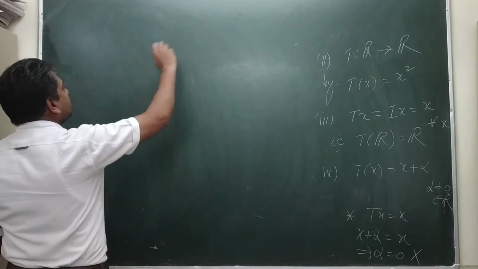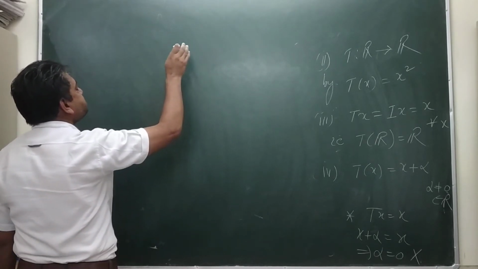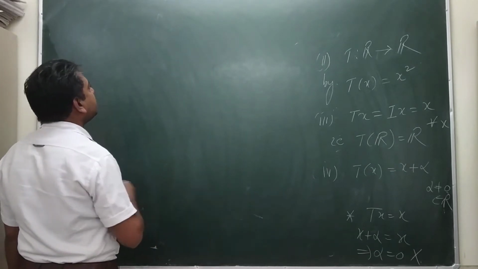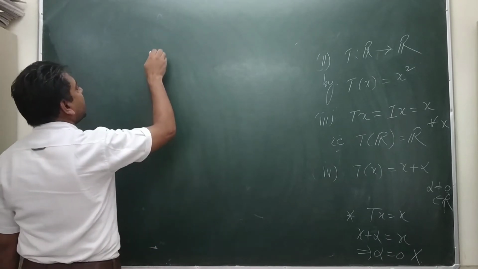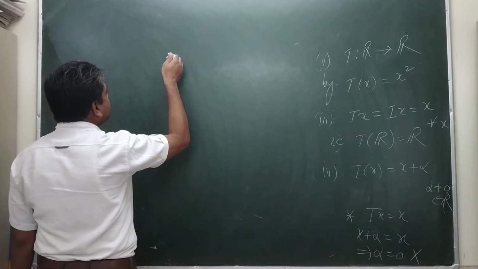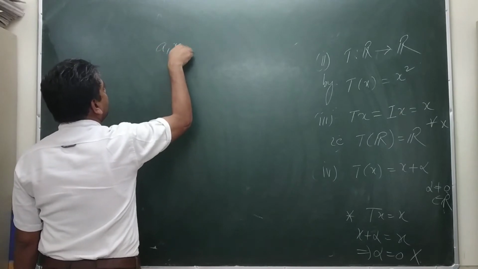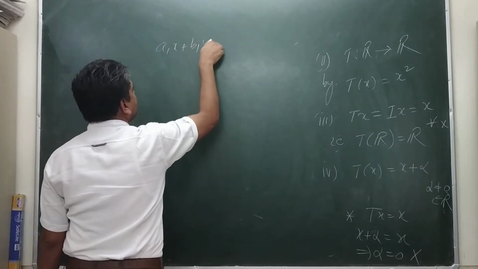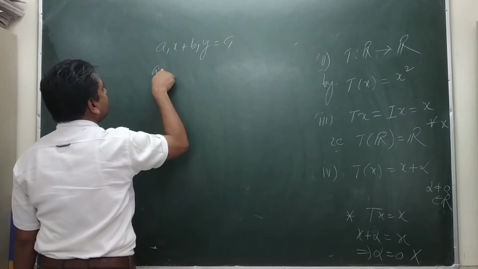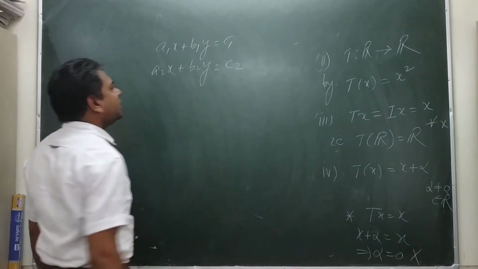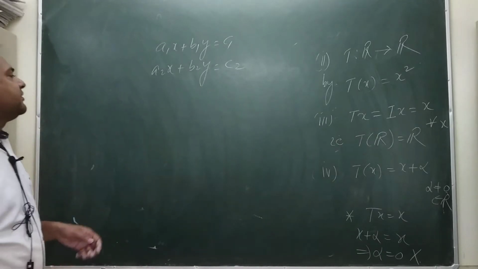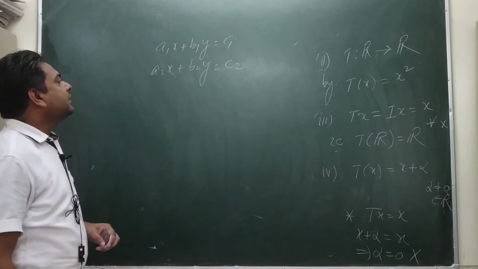For example, this is a simple fact from your high school level mathematics. If we have a system of linear equations a1x plus b1y equals c1 and a2x plus b2y equals c2, so here we have a system of linear equations in two variables.